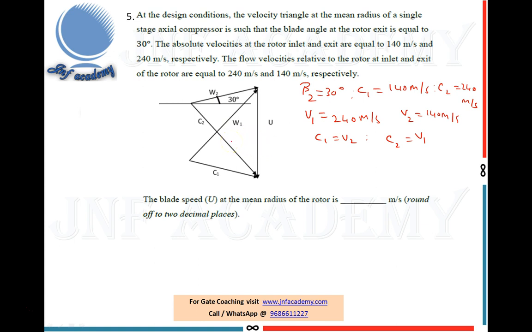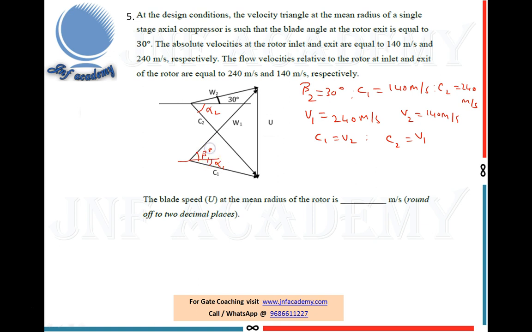Now when it becomes a symmetrical velocity triangle, it is very obvious from this diagram that this is your beta 2, which is 30 degrees, and this is your alpha 2. If I draw a line like this, this is your beta 1 and this is your alpha 1.